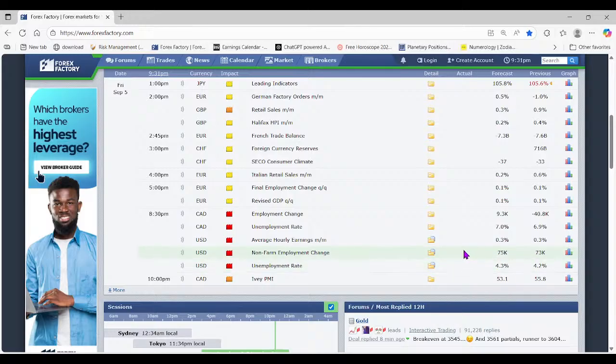What we are expecting is most likely tomorrow's data might be disappointing. Chances are we may see the price move slightly, just like when ADP came out today, maybe not even 75K, maybe even lower.